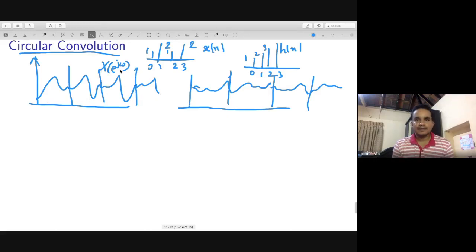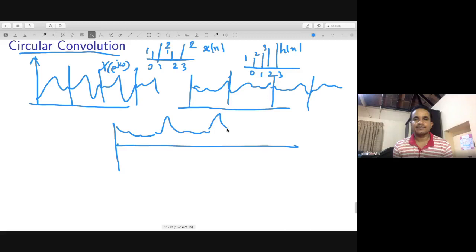Since this has a support of 4, support means the signal has values in this region only, and this is also having a support of 4, their periodicity will also be the same. So when you multiply these two signals, you will get another signal which will also be periodic, say with some other waveform.